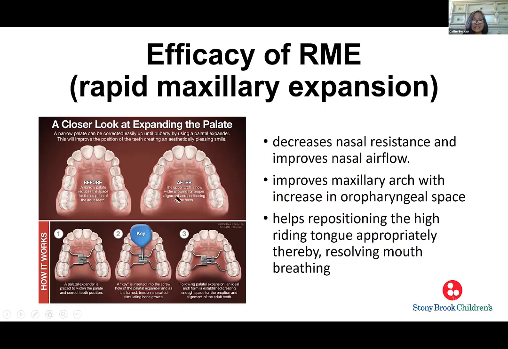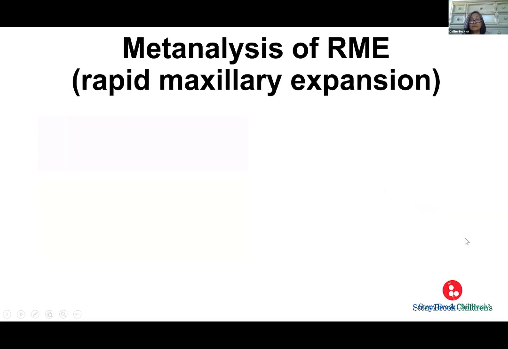You can see that the upper arch is wider, allowing not just proper alignment of the teeth, but it decreases nasal resistance and improves nasal airflow. It increases your oropharyngeal space and your maxillary arch so that it repositions your high-riding tongue, so it resolves that mouth breathing.